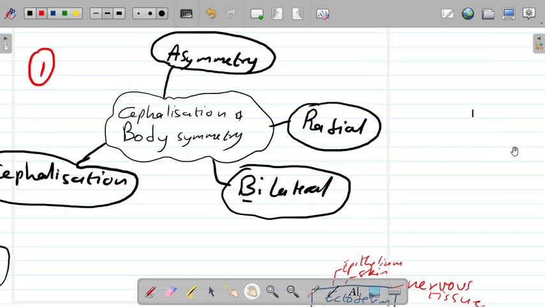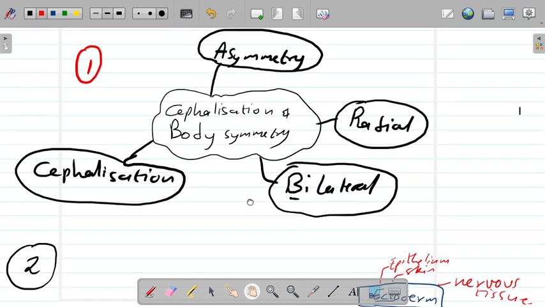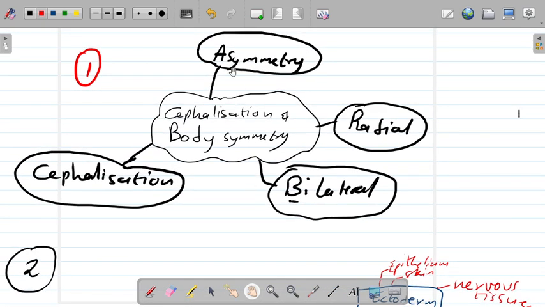All right, in the last lesson, we looked at basically symmetry and body symmetry, and then we went on to look at your tissue layers. And we concluded that organisms either are asymmetrical, radial symmetry, or bilateral symmetry.